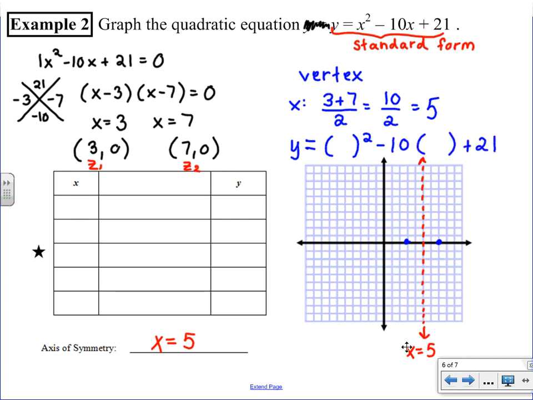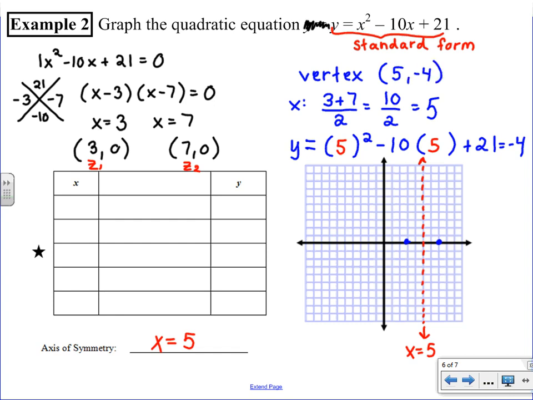I have the template of the equation, and I'm going to replace my x values with 5. You can do that in your calculator. It would be 25 minus 50, which is negative 25, plus 21, which gives us a negative 4. So our vertex is (5, negative 4).